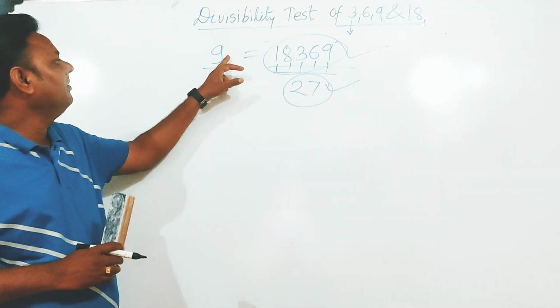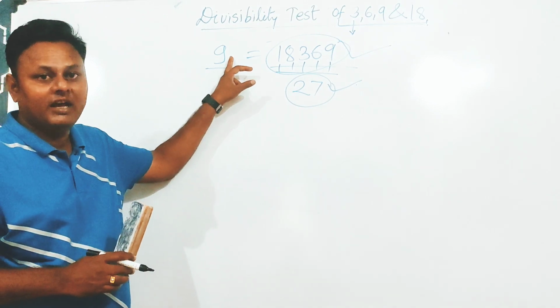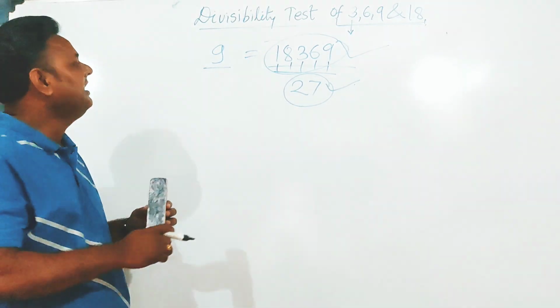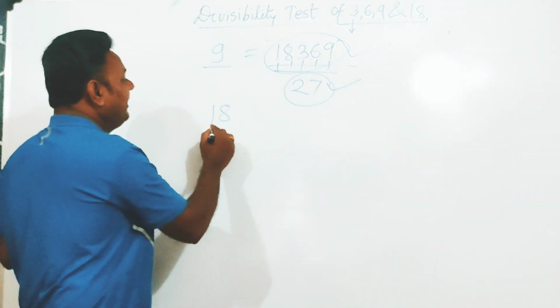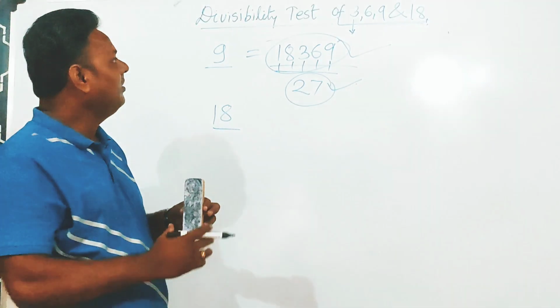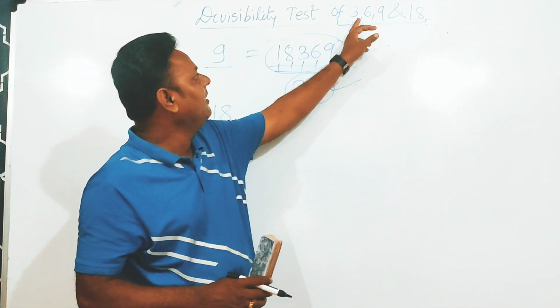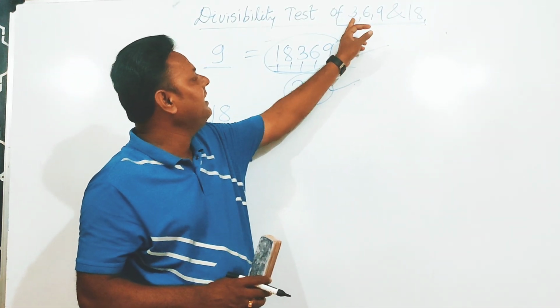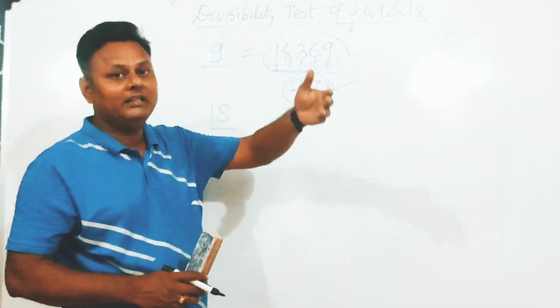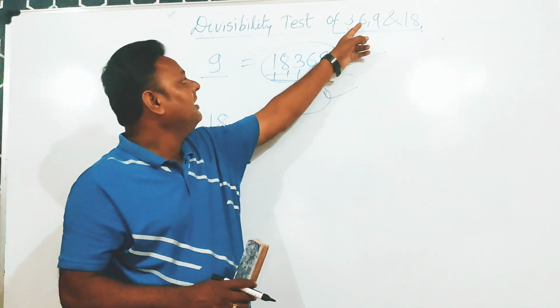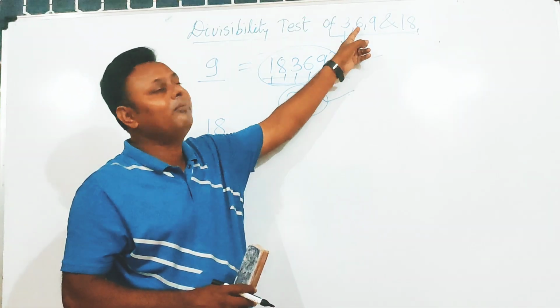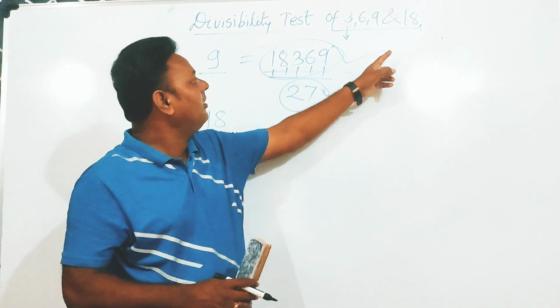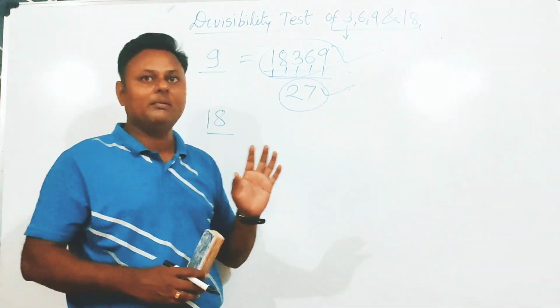And if you understand the divisibility test of 9, then you can easily apply the divisibility test of 18. The basic idea we learned here is that if any number is divisible by 3 and is even, then that number is also divisible by 6. The same theory is applied here.